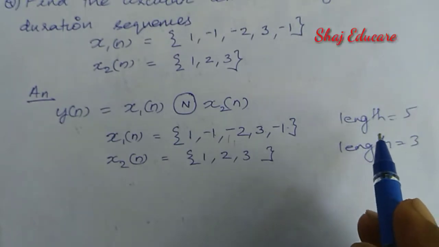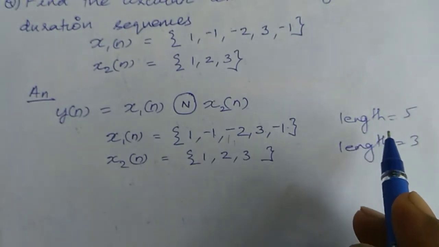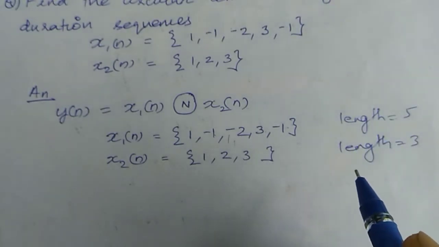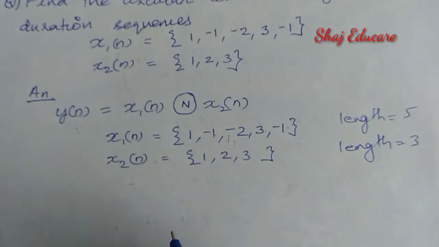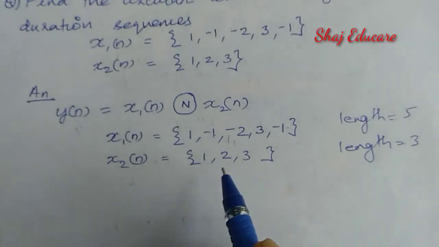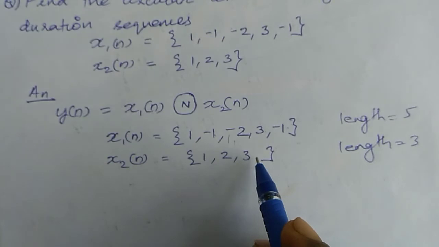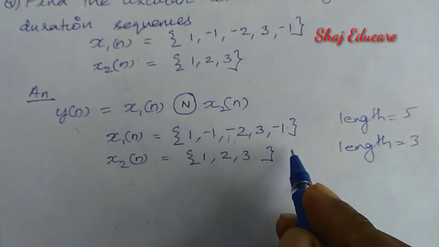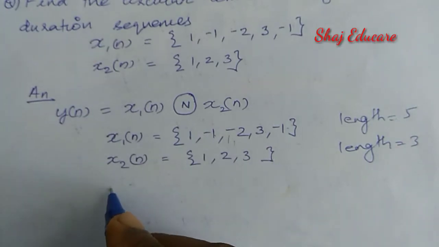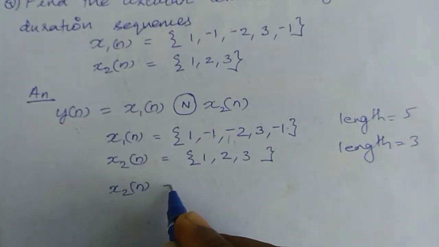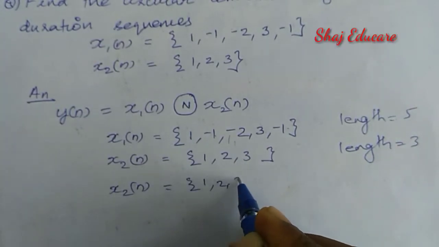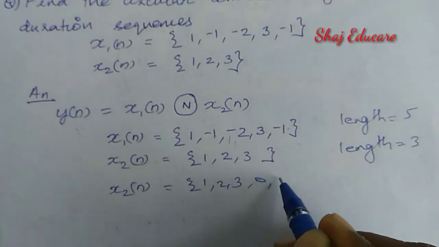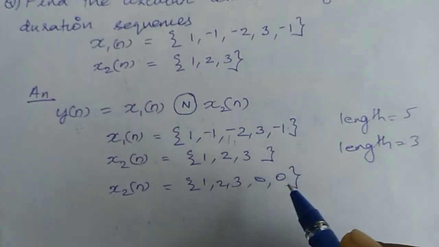So we have to somehow make the lengths the same. What we have to do is put 2 zeros with the second signal so that the lengths become the same. That is, x2 of n is equal to 1, 2, 3, 0, 0.